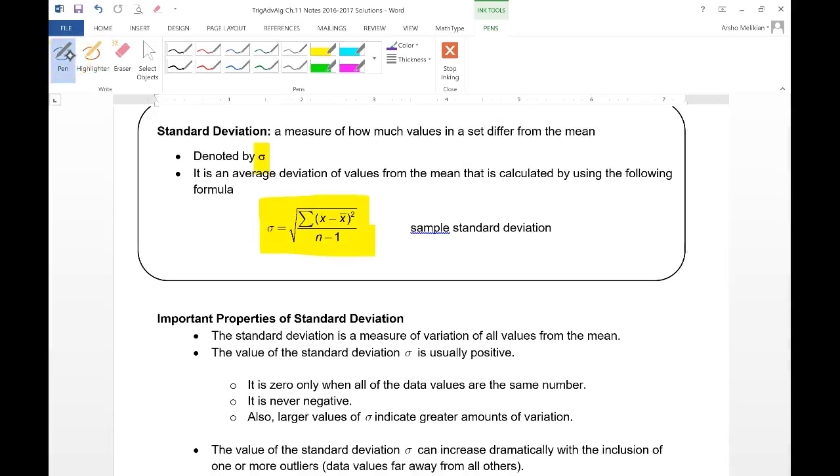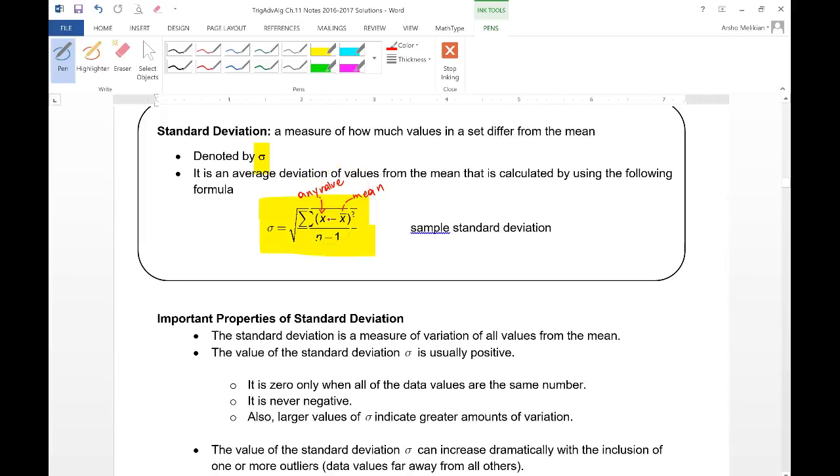Okay, so here's what you do. What's x bar? It's the mean. X bar is the mean. What's x? One of the values. You have to do this for every single one.